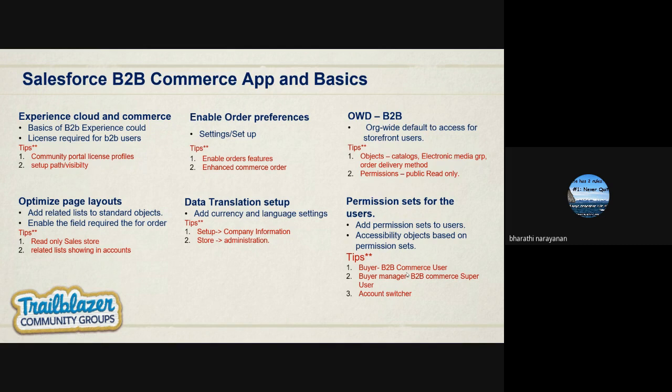In other cases, if the user is going to manage other users' orders, wants to see what their orders are and what products were sold, for this kind of permission you have to give the B2B commerce super user. So you have to know what accessible features are available for this particular permission set.